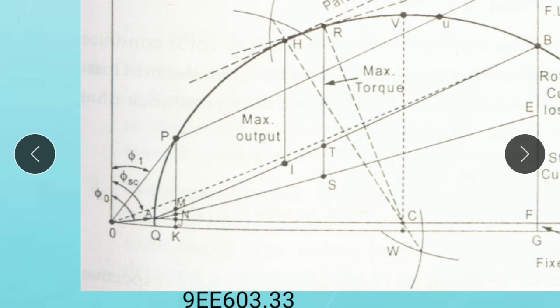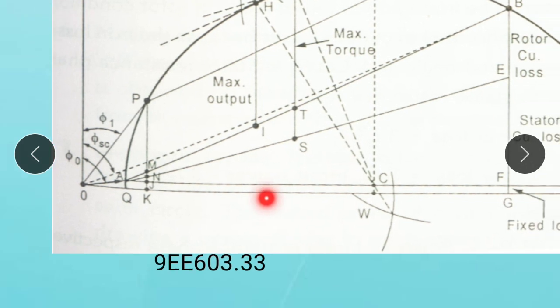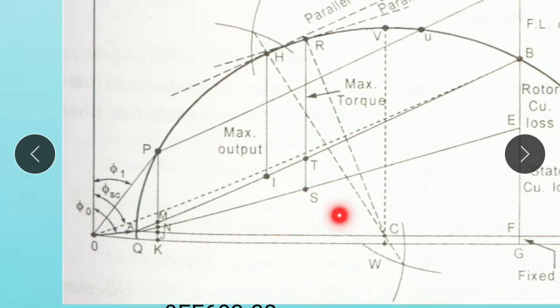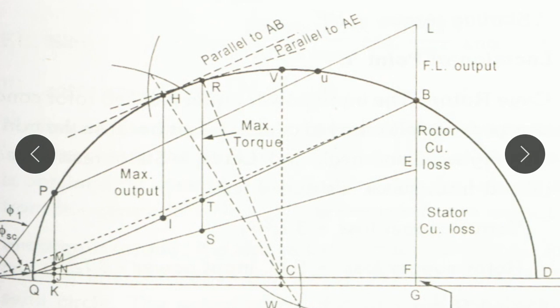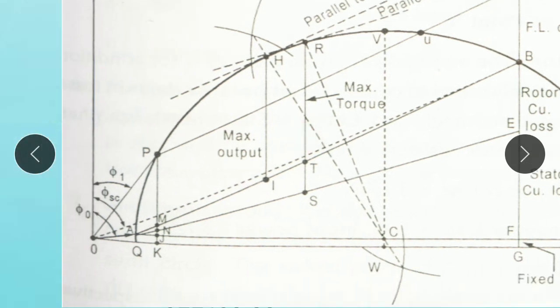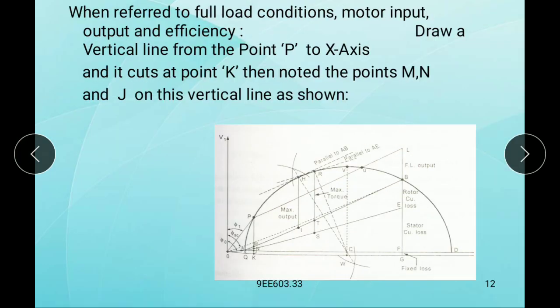Here this is the PM. This PM shows the output of the motor, and PK shows the input power to the motor.